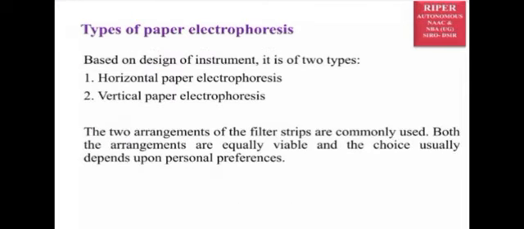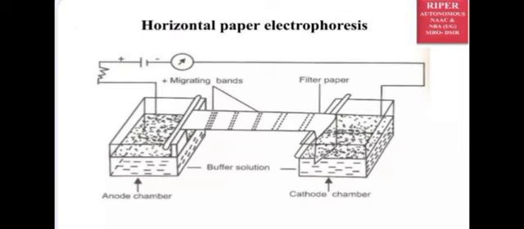Next, we classify based on the design of the instrument. There are two types: horizontal paper electrophoresis and vertical paper electrophoresis. This is the picture of the horizontal paper electrophoresis.